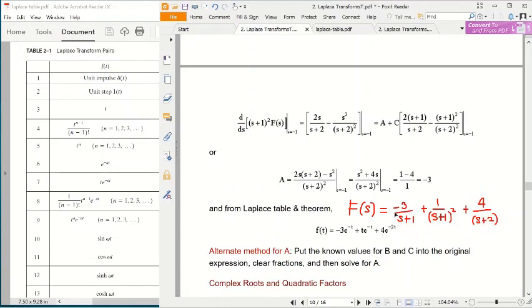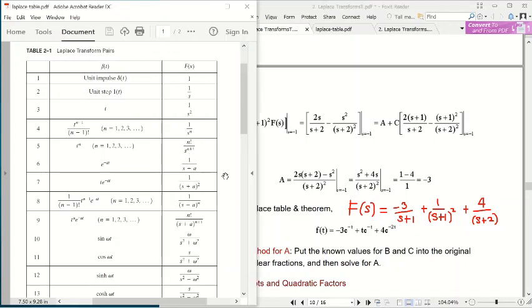So now we can see this from the Laplace table. For the first case, a equals 1, so you get e to the power of minus t, and the multiplier is minus 3. For the second one, it's the same as this one, 1 over s plus a squared, and a equals 1, so in the time domain it is t e to the power of minus at, where a equals 1.